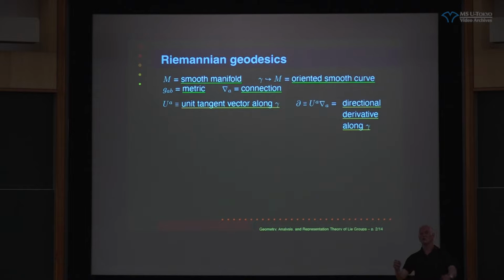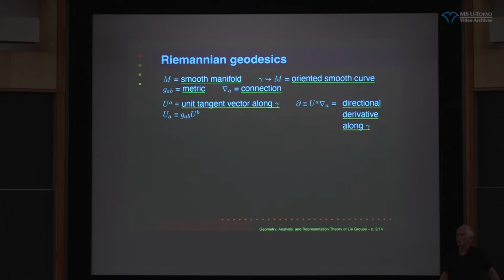It only sees the values of the tensor along that curve, even though, of course, as I've written it, you have to differentiate it in all directions first and then restrict it to the curve. So this repeated index, U^a ∇_a, is a standard trick in mathematical physics called the Einstein summation convention. So I'm just contracting the vector field into this one form.